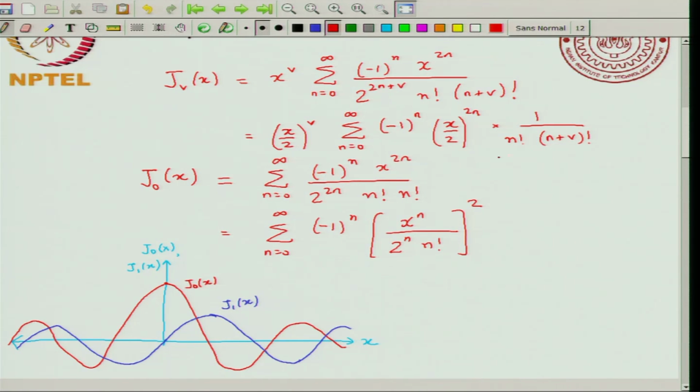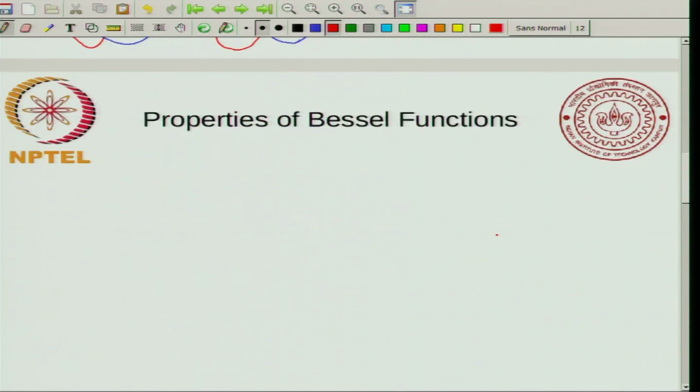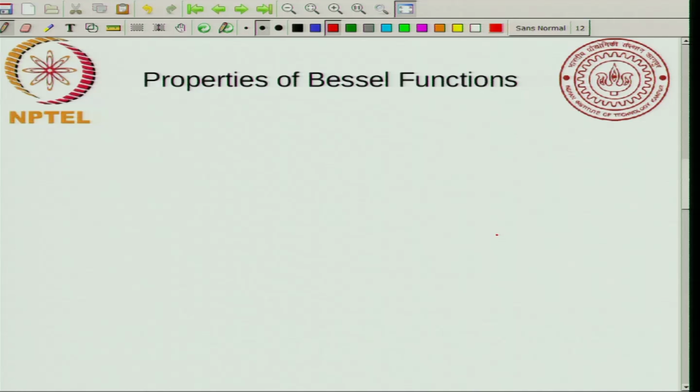So this Jv of x, which has this long expression, I'll just mention some of these. You don't have to remember any of these, okay, but these are just for your information. So I can write Jv of x in an integral form, okay.